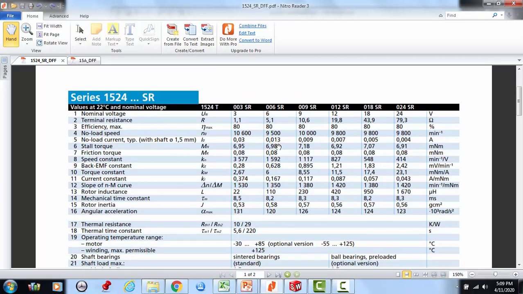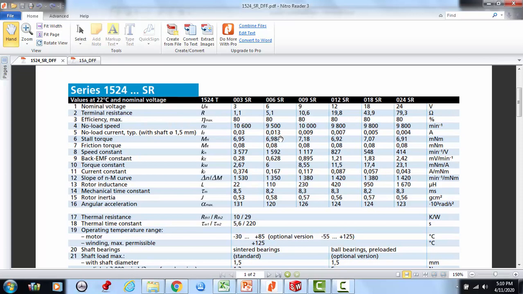So we're looking at the 6-volt motor, terminal resistance 5.1, and the no load speed, we've already pulled that up, is 9,500. The stall torque, we've talked about that at 6.98. The back EMF constant, we want to bring that in as 0.628. Be very mindful of the units.